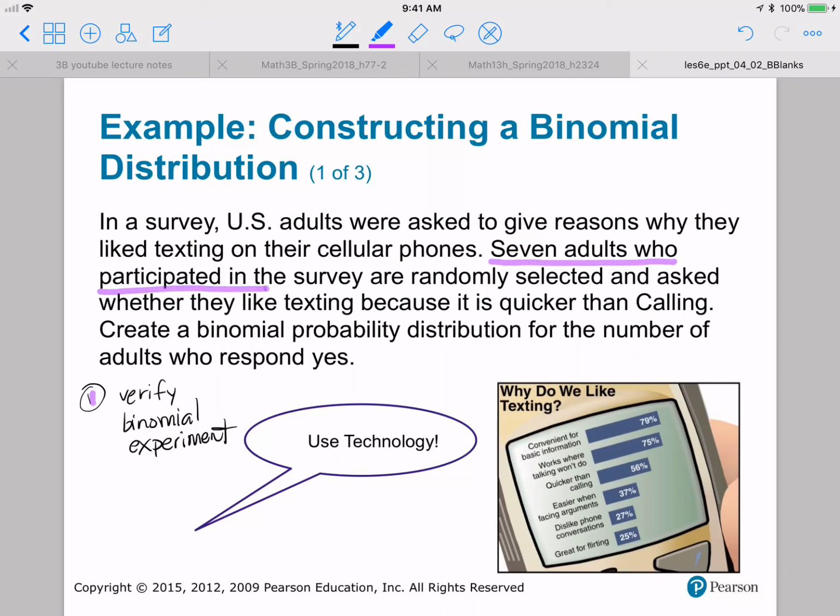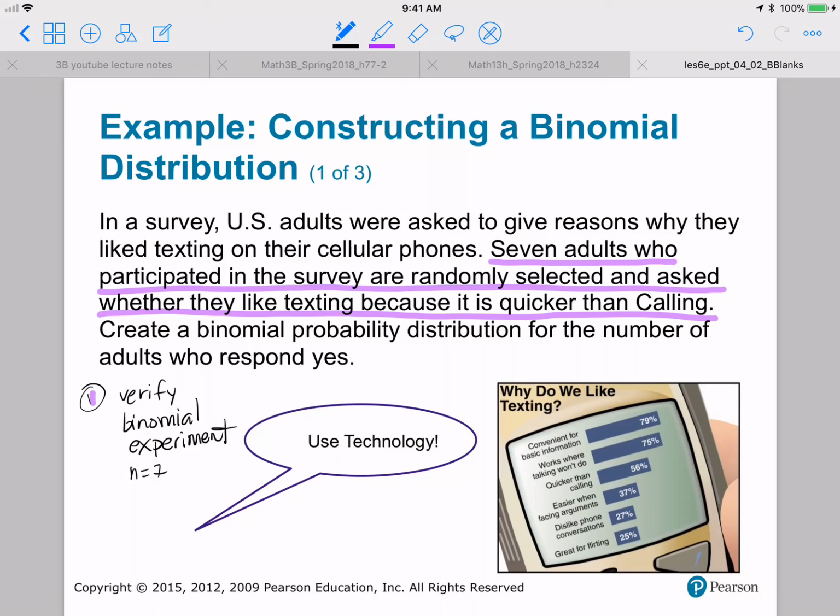There's 7 people that were given a survey, and they were asked whether they like texting because it's quicker than calling. The answer is either going to be yes or no. Yes, I like texting because it's quicker than calling, or no, that's not why I like texting. I like texting for a different reason, right? So n is equal to 7, and presumably these trials are independent because one person's reason for liking texting doesn't impact another person's reason for liking texting, okay?